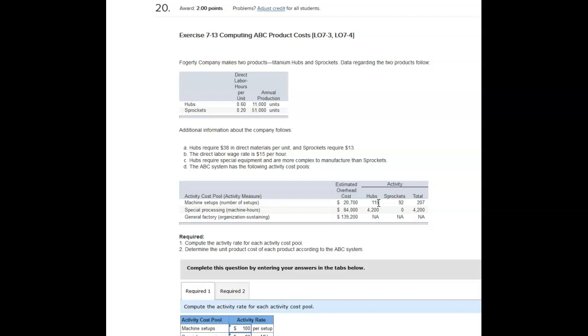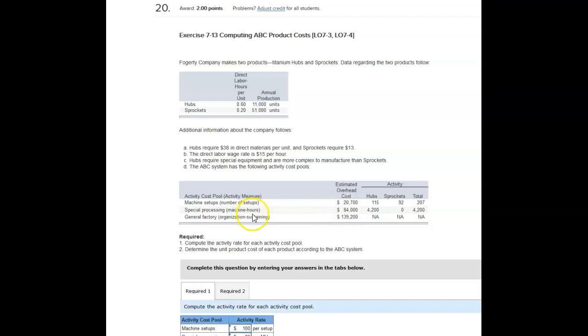But the number of times we set the machines up for hub production will be 115 times per year. For the sprockets, 92 times per year. So each year, we set up the machines 207 times, and it costs us $20,700.